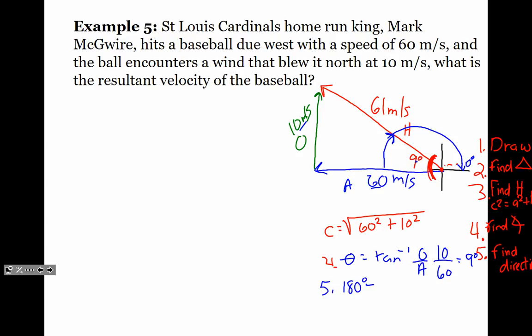I subtract my angle, and you should have gotten 171 degrees. So your final answer is 61 meters per second, 171 degrees. You would say northwest if you wanted to add that there. So that's how you do number 5.